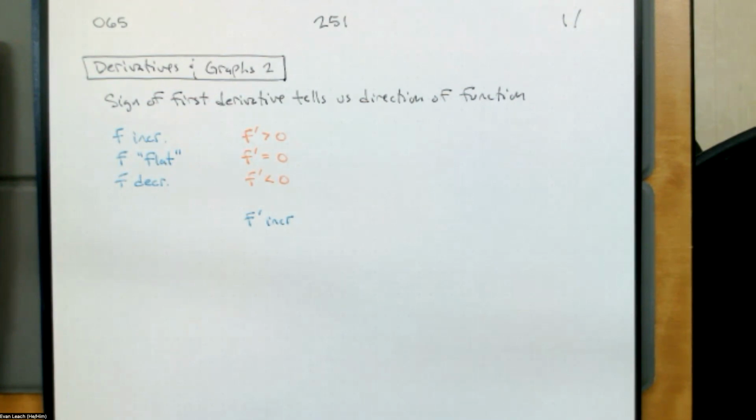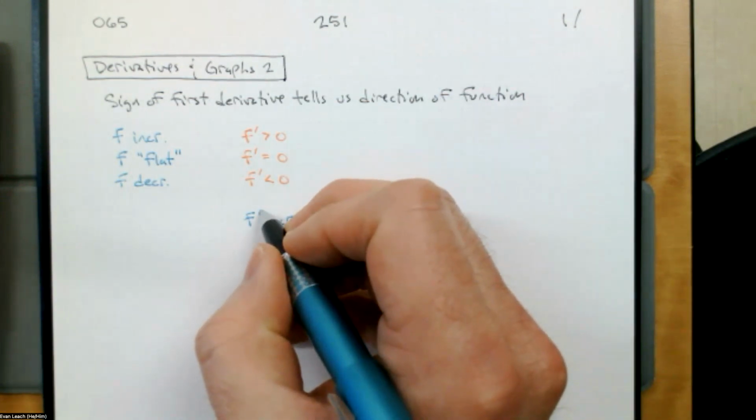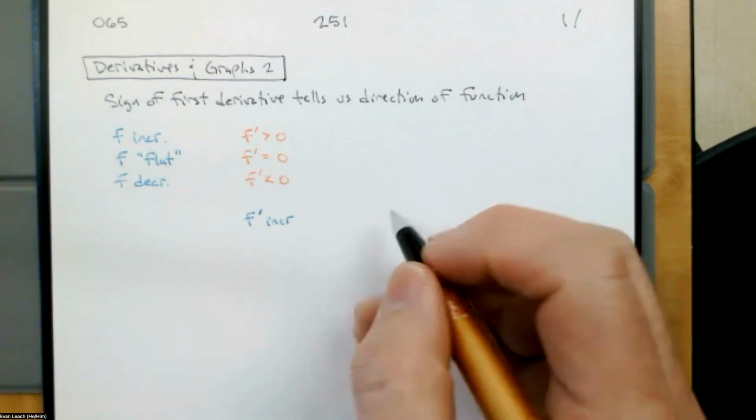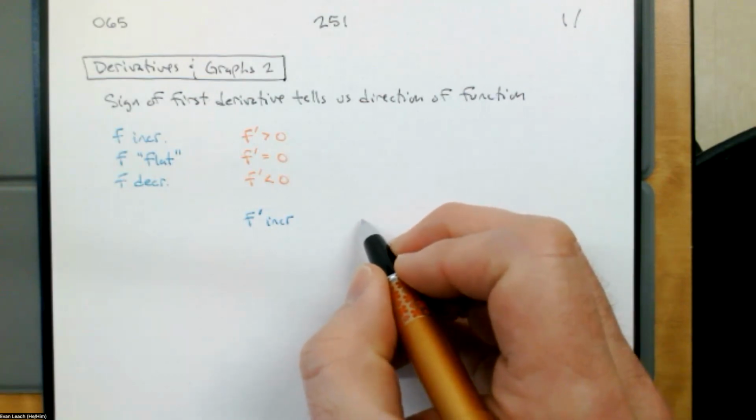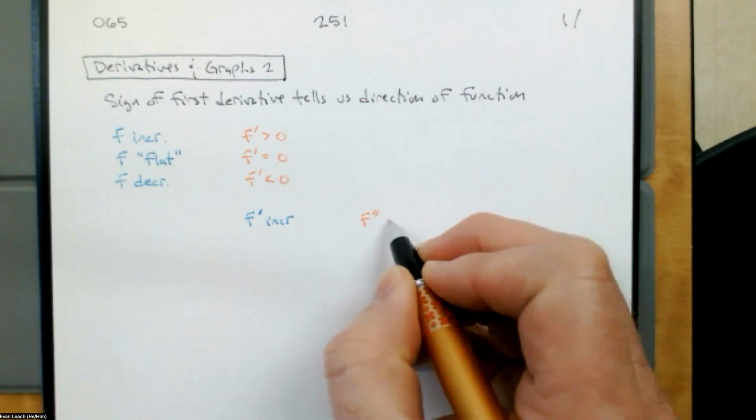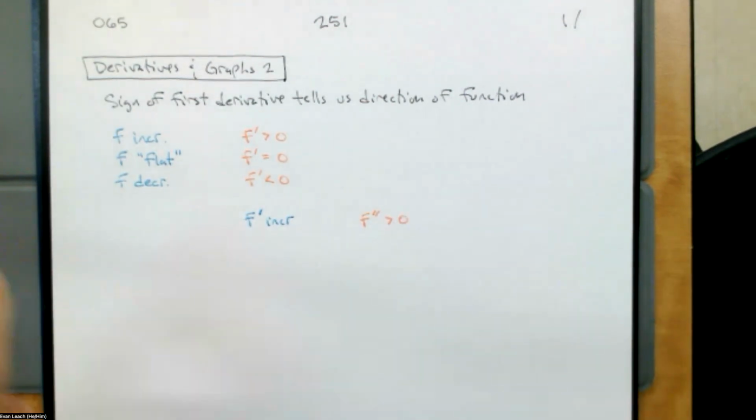I'm going to try it this way. If the first derivative, f prime, is increasing, that means the second derivative, which we use the stunningly original notation f double prime, is positive.